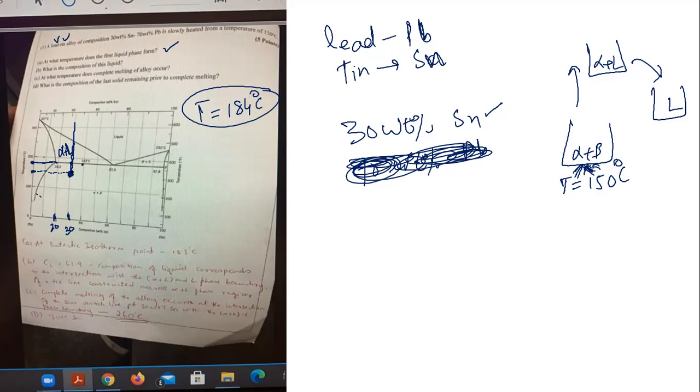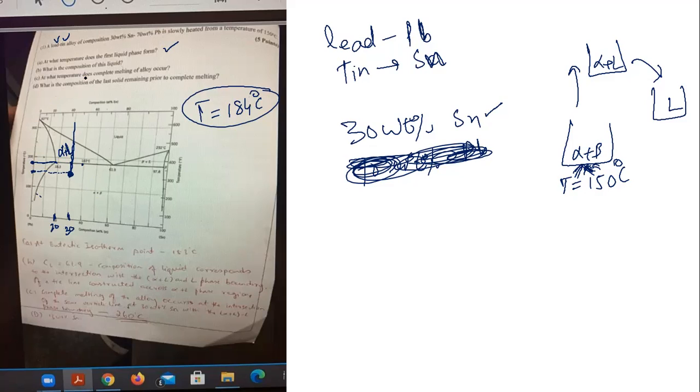Above this is alpha plus liquid, and below this is alpha plus beta. So when we are just entering this alpha plus liquid region, you will know that temperature. It is 184 or 185, right? Yes.